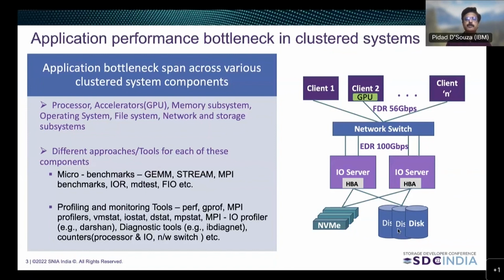IO profilers for MPI applications, such as Darshan, help us to trace the IO calls within the application to understand the pattern of IO accesses. Similarly, some diagnostic tools such as IBM Diagnet can be used to identify the errors in the network layers.